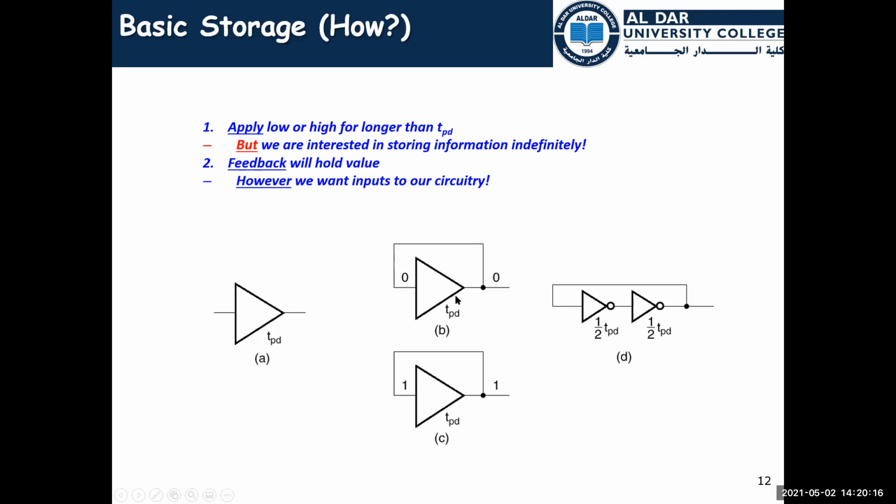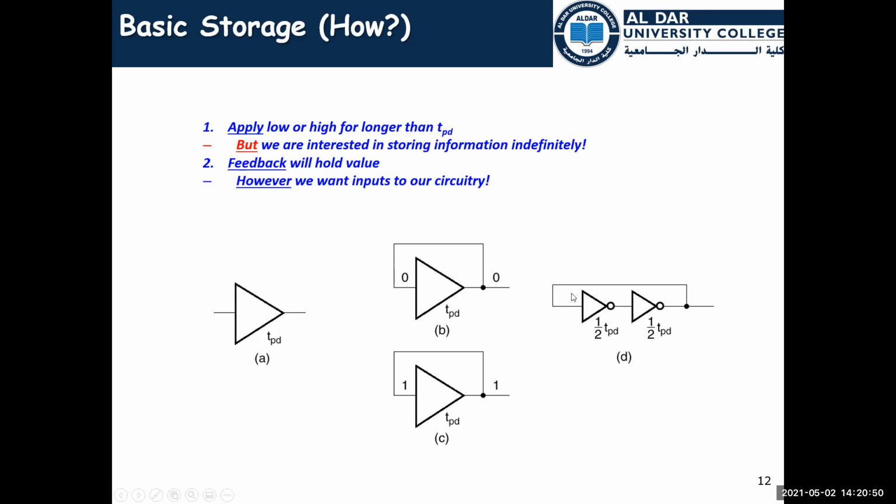But we need a circuit for this, so we can do that with just two inverters. As you know, we use two inverters because we need to keep the output the same as the input. If we have 0, we will get 0 again. But if we use one inverter, we will have 0, and the output will be 1, and the 1 will be changed to 0, and the 0 will be changed to 1, and so on.